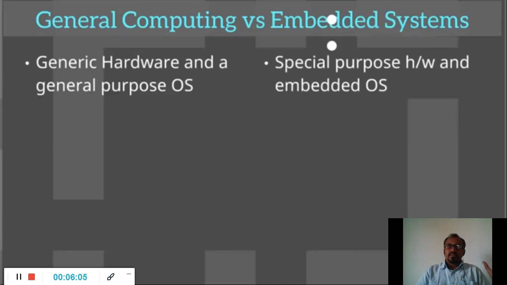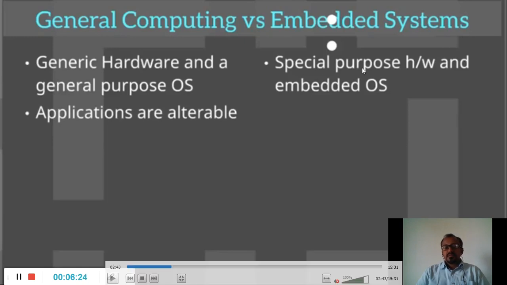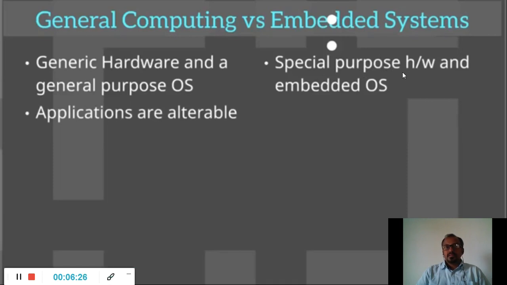The generic hardware includes keyboard, mouse, cabinet, monitor, speaker system, etc. And a generic operating system, for example the Windows operating system we are using, can handle a variety of tasks. A specific purpose embedded system has special purpose hardware and an embedded operating system.